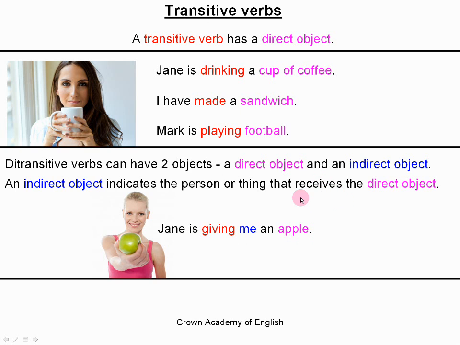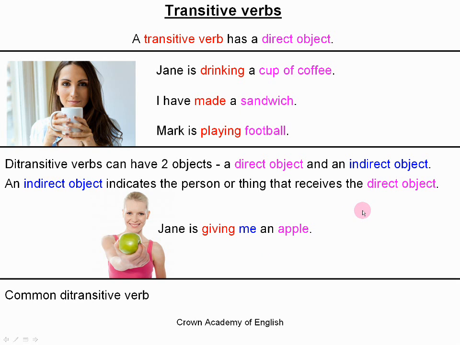Now, who or what is receiving the apple? Well, the answer is me. Therefore, me is the indirect object. Okay? And notice the order. We have the subject, the verb, the indirect object is first, and then we have the direct object. So the order is important.